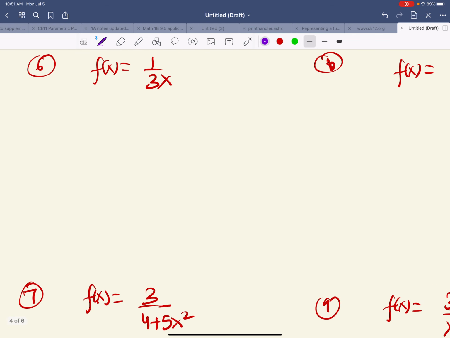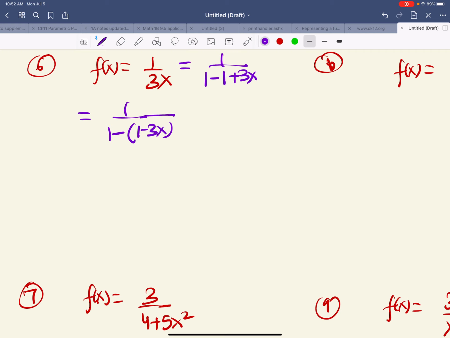Let's check out example number 6. 1 over 3x. How do I express 1 over 3x as a power series? What we can do is rewrite it as 1 over 1 minus (1 minus 3x).